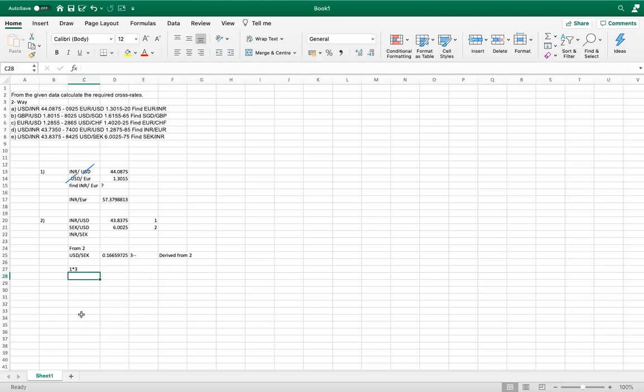On the left hand side, what do I get? On the left hand side I have INR stroke USD, and then I have USD stroke SEK, right? So can I strike off these two directly? Let me strike it off directly.